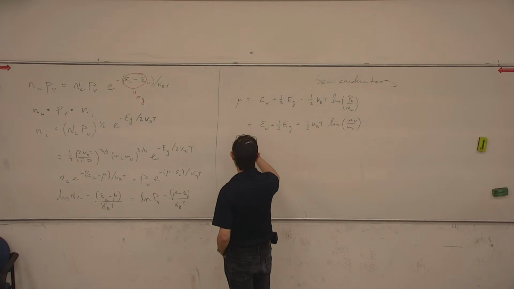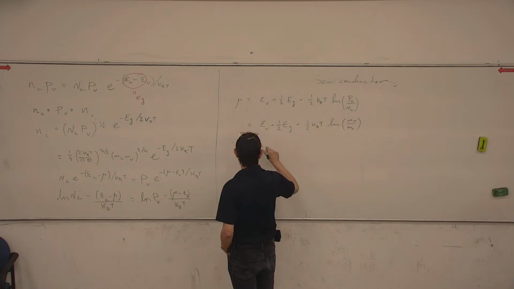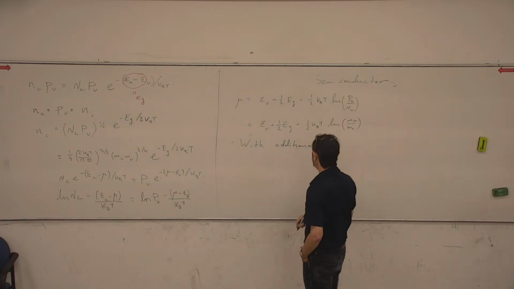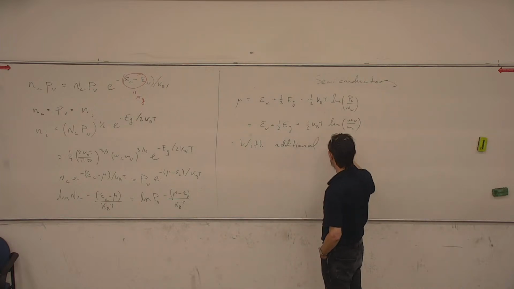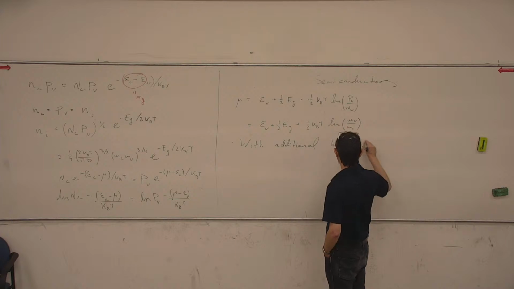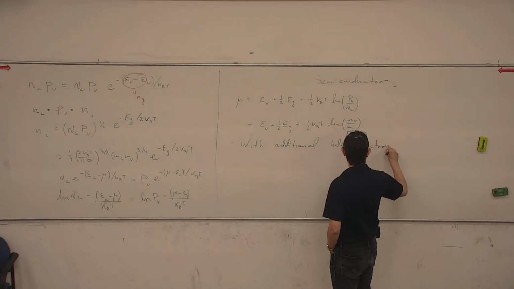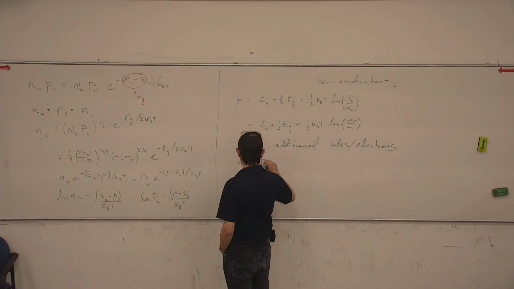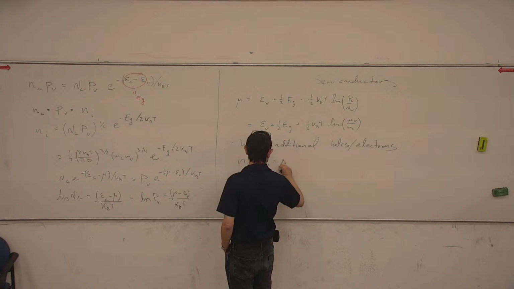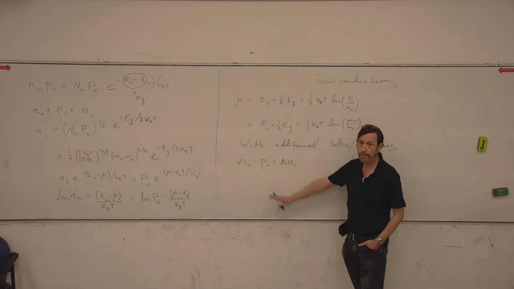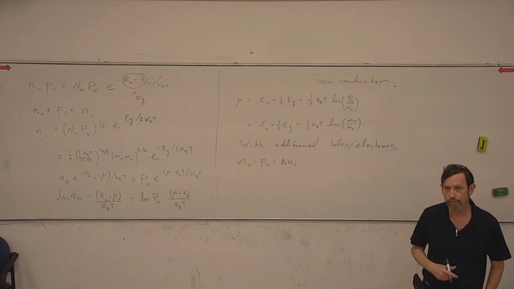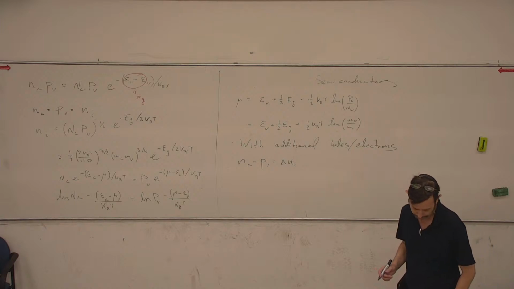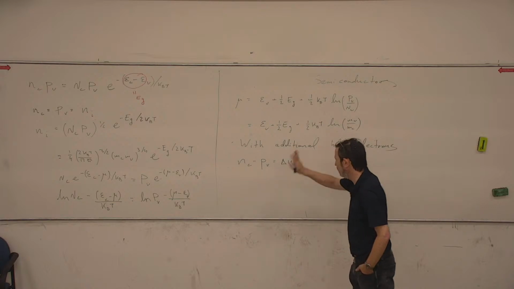So in this case, let's define the excess number of electrons in the system as delta N.